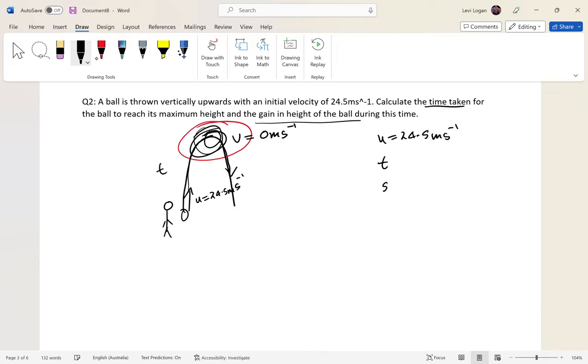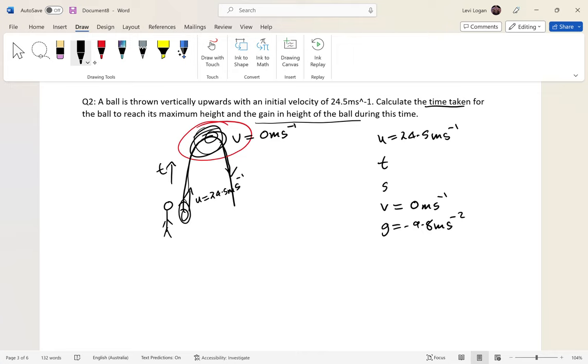And the time it takes to go from here to there is the same as it will take for it to fall back down. So we only need the time it takes to go up. Using that fact, we know that v at the top is 0 meters per second. We also have u, and we have gravity, so a is negative 9.8 meters per second squared.